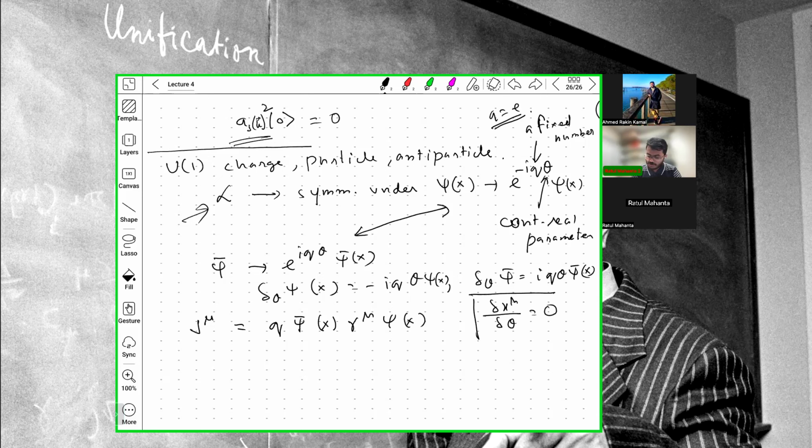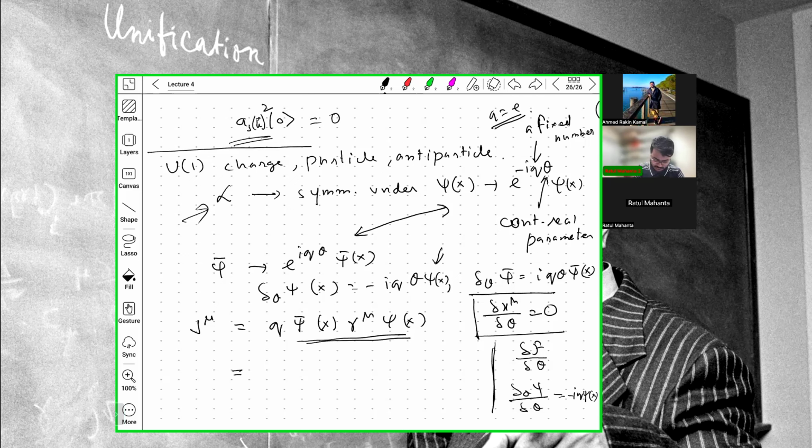Only the change in the field, which earlier I called delta theta phi, will be non-zero, and that will be minus i q psi of x. From this you can find the Noether current.